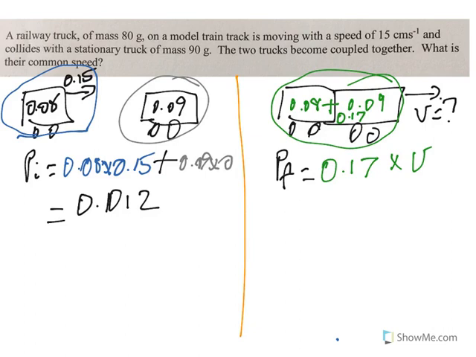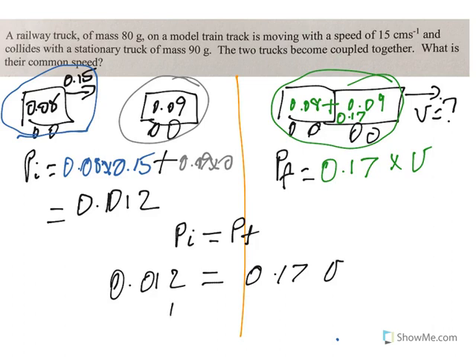What we know is that our initial momentum and our final momentum have got to be equal. 0.012 has got to be equal to 0.17v.